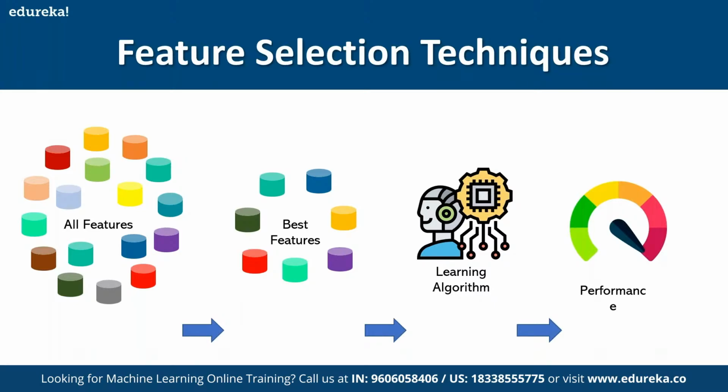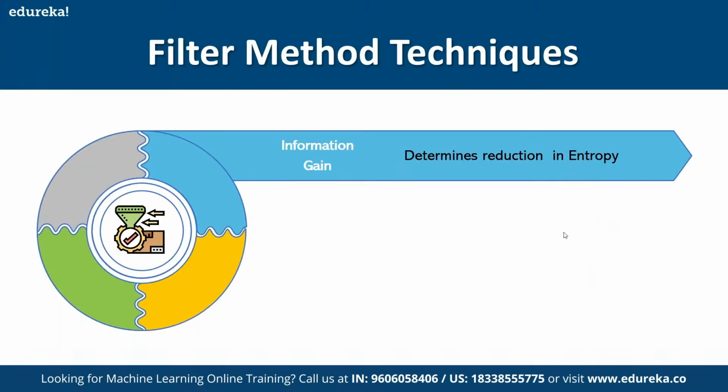Now, under this supervised feature selection technique, the first technique that we have seen is called the filter method. Under this filter method, we have the information gain technique. This information gain helps us in determining the reduction in entropy. Entropy is a loss function that I'll be using whenever I'm performing the task of classification. So information gain makes use of entropy.